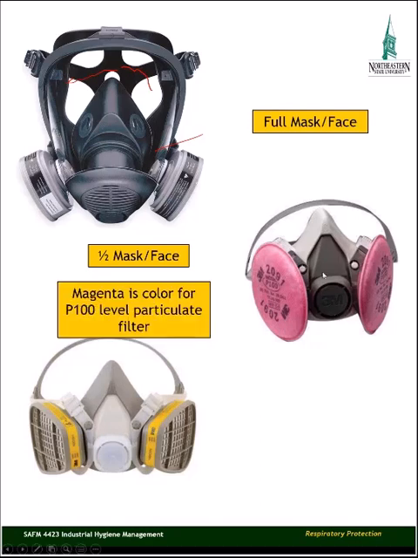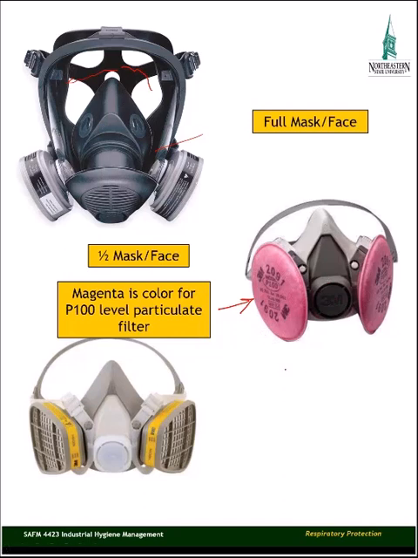Then we have a conventional half mask. This is a P100 level particulate filter right here. That is the type of cartridge that I've been wearing when I go out into public recently. I've got a half mask respirator like this, and I've got a P100 filter on it.